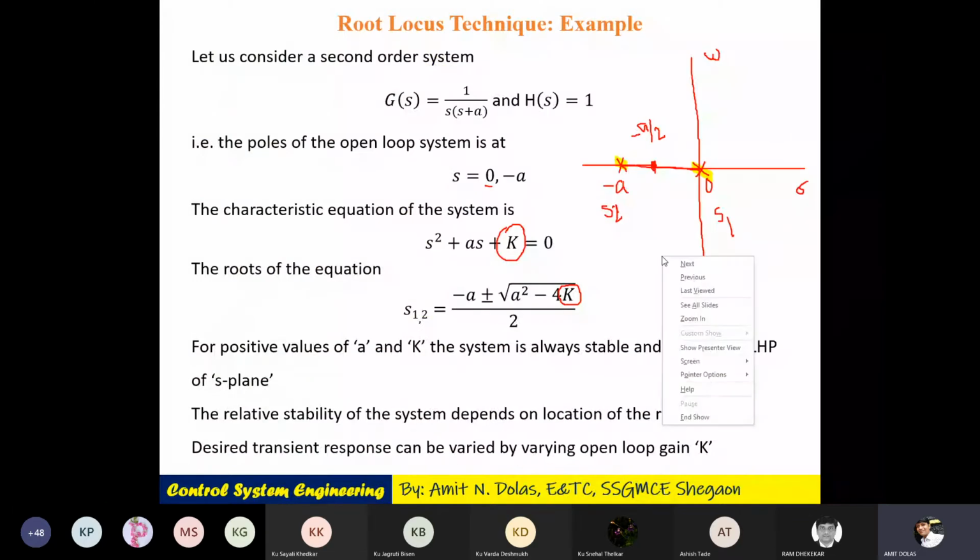What happened? We have seen three cases. If k is 0, then we have s1 and s2 at the positions of the open loop transfer function poles. If k is equal to a square by 4, then it will be minus a by 2. And if I move further, that is greater than a square by 4, then what happens?